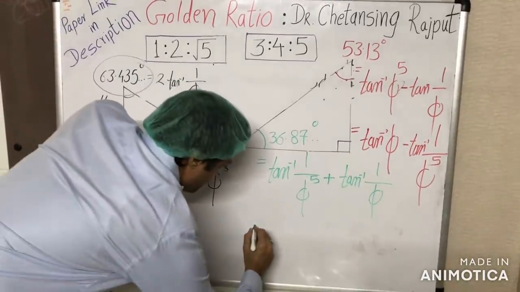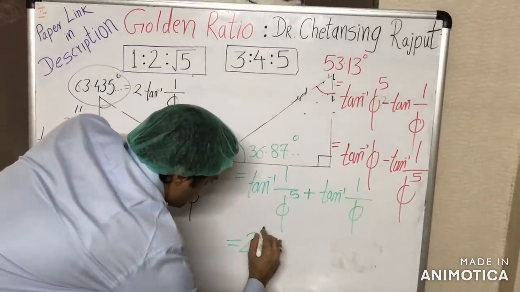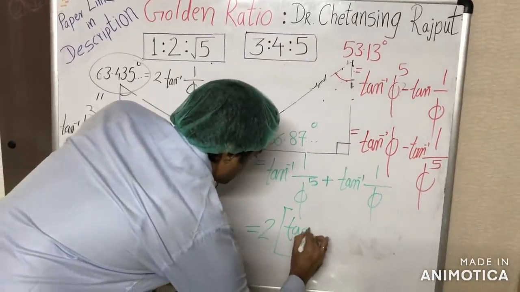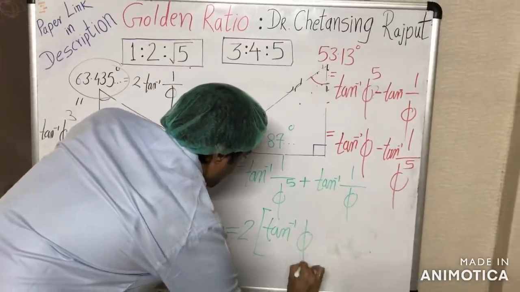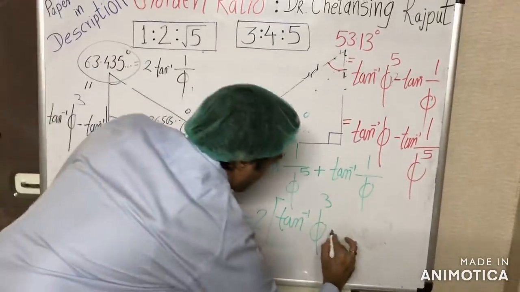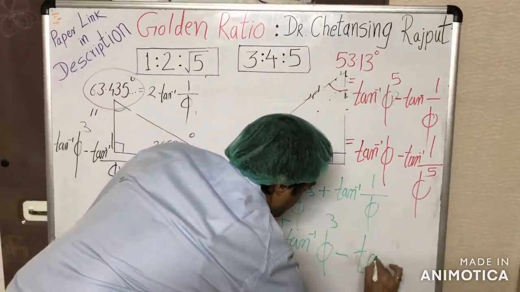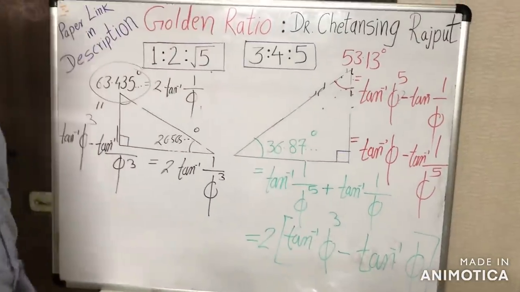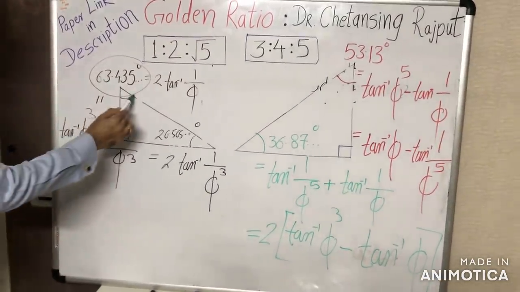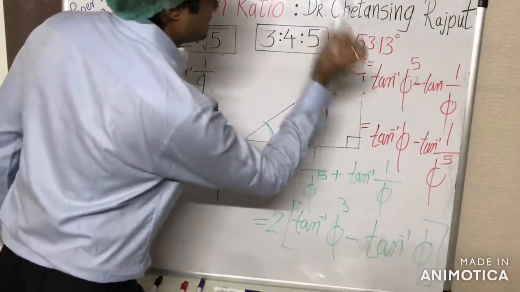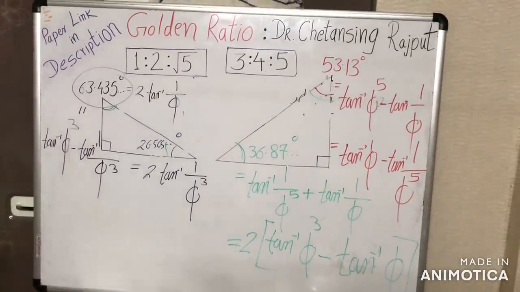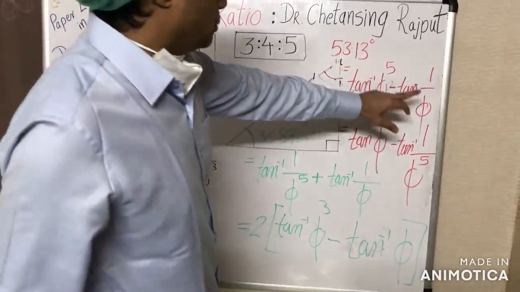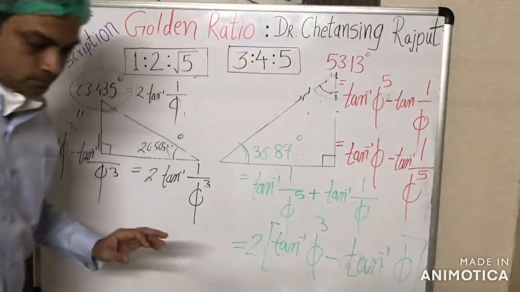This angle can also be written as twice the arctangent of phi cube minus the arctangent of phi. Just like all sides, all four acute angles can be precisely expressed in terms of the golden ratio. More specifically, odd powers of the golden ratio: 1, 3 and 5.